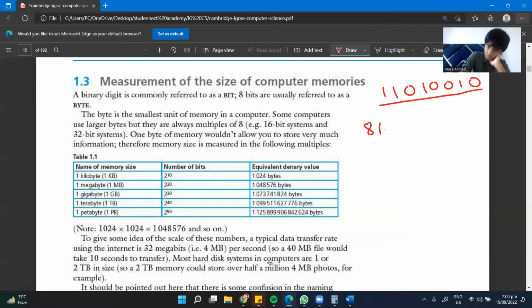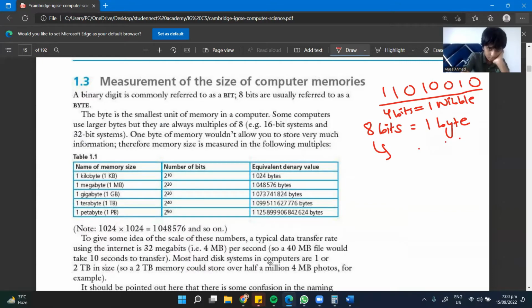And when 8 bits are together, this makes 1 byte. Okay? Right? And then 4 bits, if I had just 4 bits, it's known as one nibble. Okay. And similarly, if I keep increasing this, it keeps getting bigger.